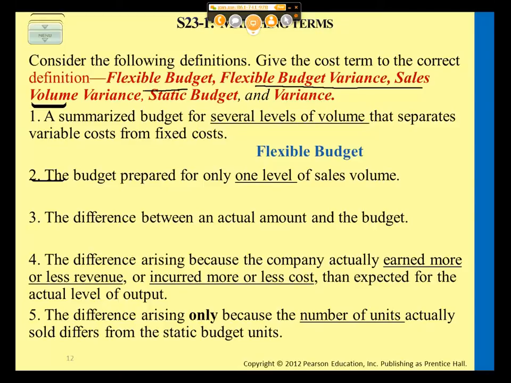Just one level: static. The difference between an actual amount and the budget. It's variance. Very good. The difference arising because the company actually earned more or less revenue or incurred more or less costs than expected for the actual level of output.